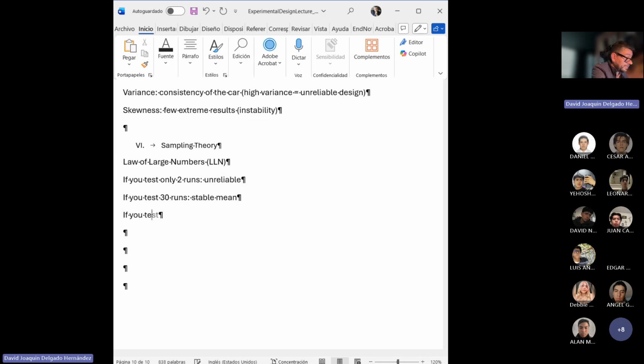If you test 1,000 runs, you can have something reliable. You are sure that the mean value is probably this value. We are going to see in the following class some confidence intervals, right?